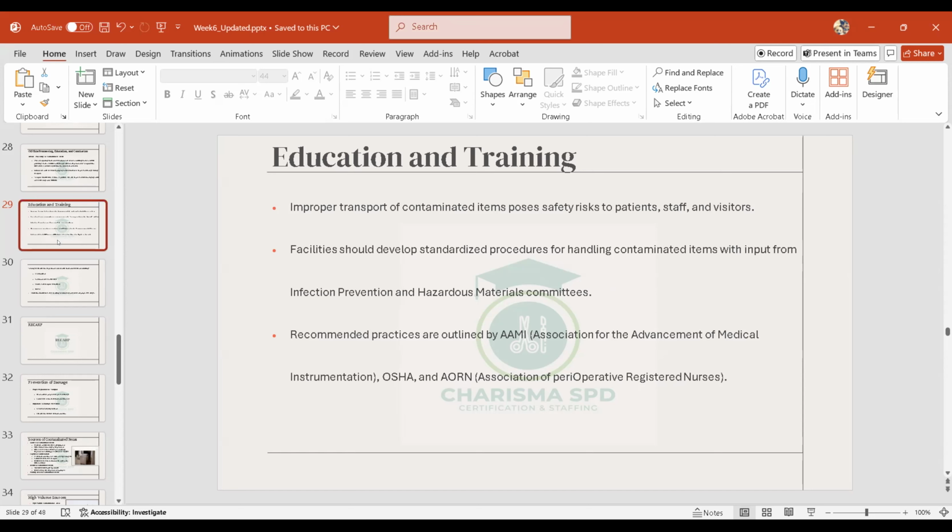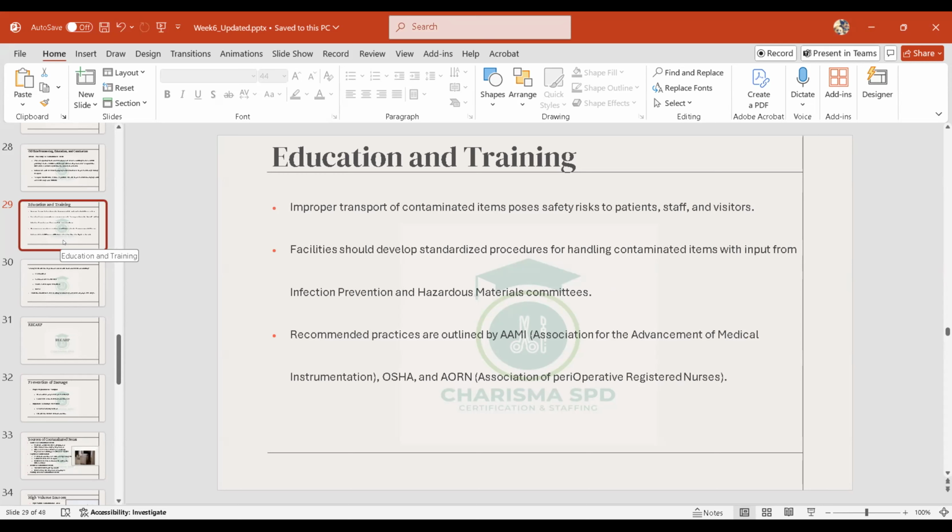Improper transportation of contaminated items poses safety risk to patients, staff, and visitors. So if you don't transport them well, you become a hazard, or you cause havoc to patients, yourself, your co-workers, or visitors.